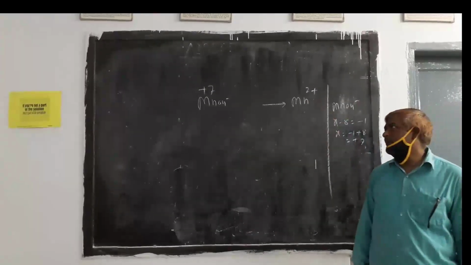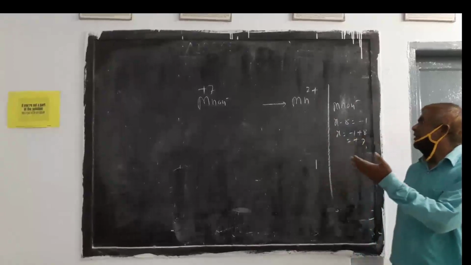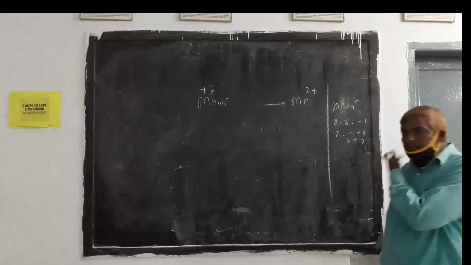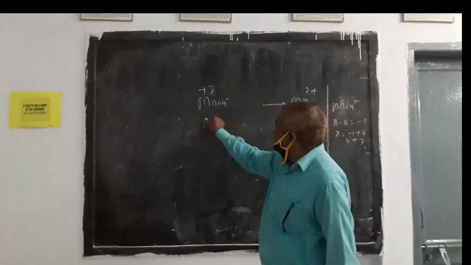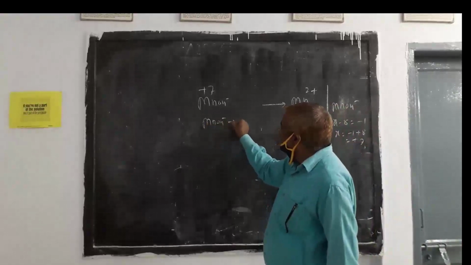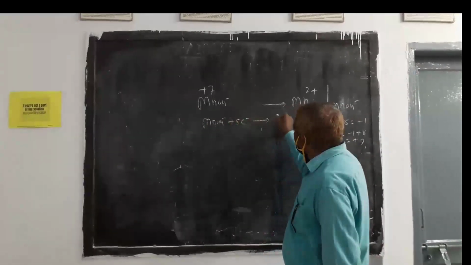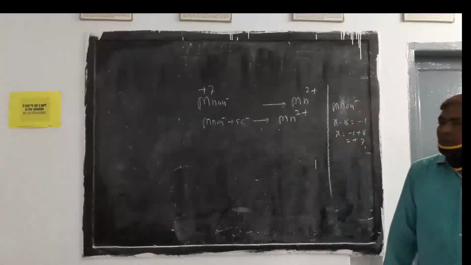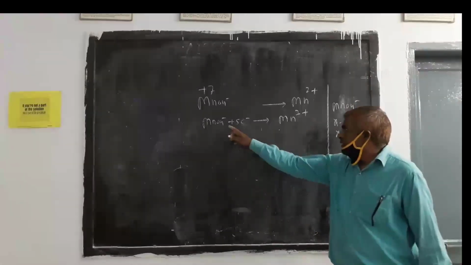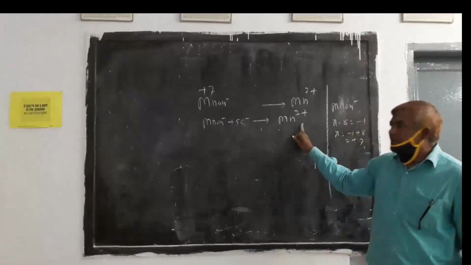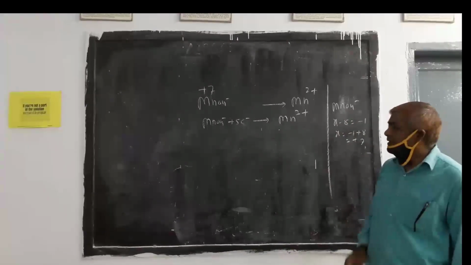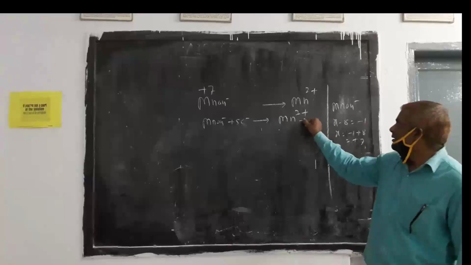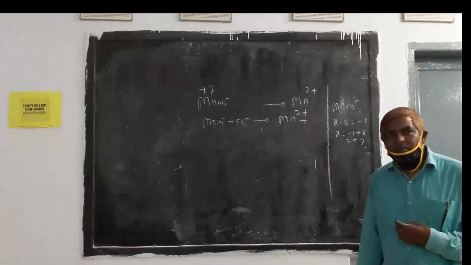Now how can you balance the charge? The left side has 7 positive charge, the right side has 2 positive charge. So after adding 5 electrons on this side, the charge will be balanced. Now oxygen on the left side is 4, and the right side has no oxygen. Since the reaction is going in the acidic medium, oxygen is balanced by adding the required number of water molecules to the right side.